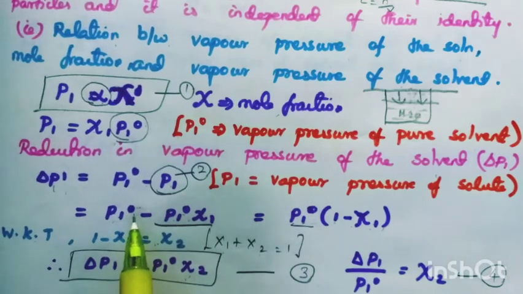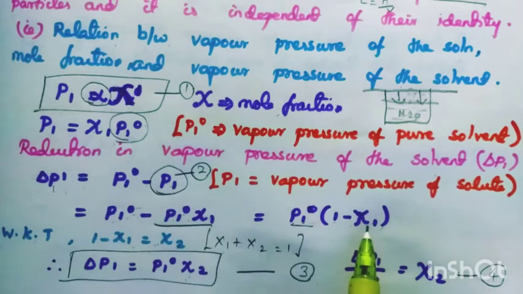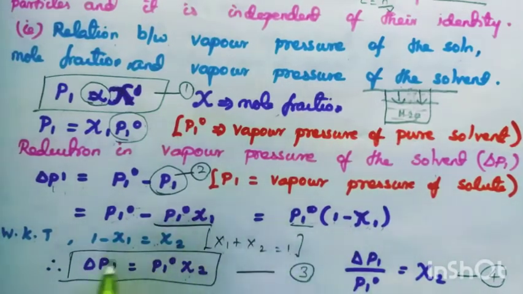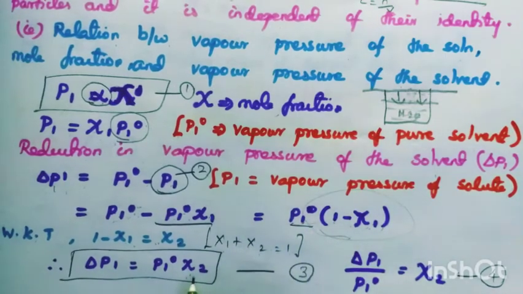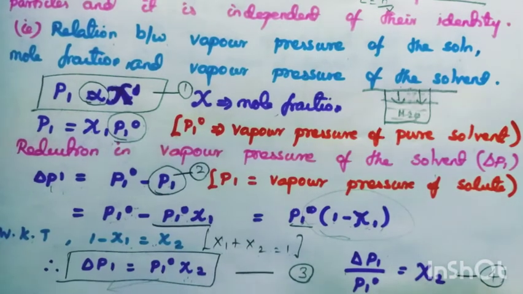Here 1 into P1 naught is there, and here X1 into P1 naught. We know that X1 plus X2 is equal to 1, so 1 minus X1 can be written as X2. So delta P1 is equal to P1 naught into X2. If this P1 naught comes here, delta P1 by P1 naught is equal to X2.